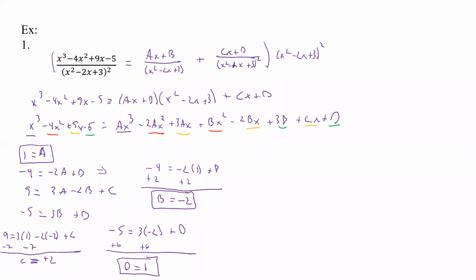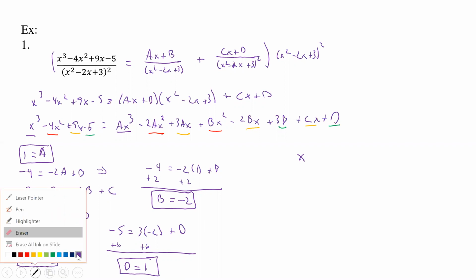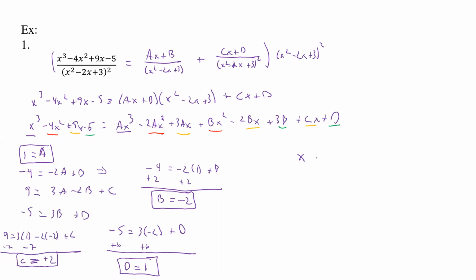Now we have A, B, C, and D, and we plug that back in. A is 1, so we have x plus B, which is actually a minus, so x minus 2 over x squared minus 2x plus 3.